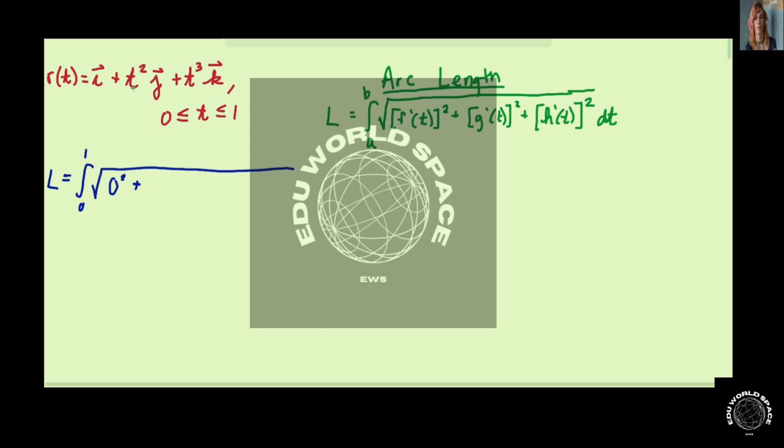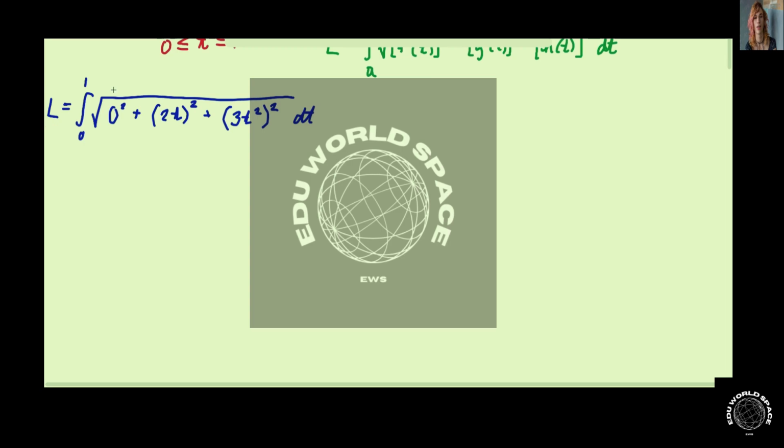Here, the derivative of t squared is 2t. We're going to square the derivative, so we get (2t) squared. And the derivative of t cubed is 3t squared, so we'll square that. Of course, we're finding this integral with respect to t.